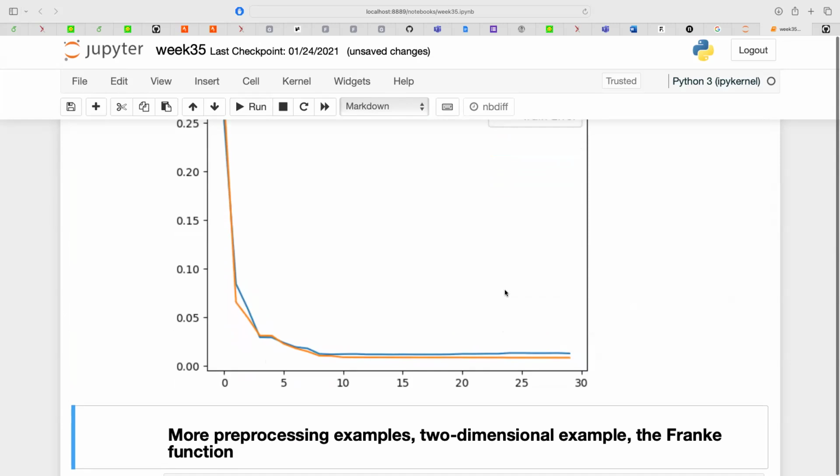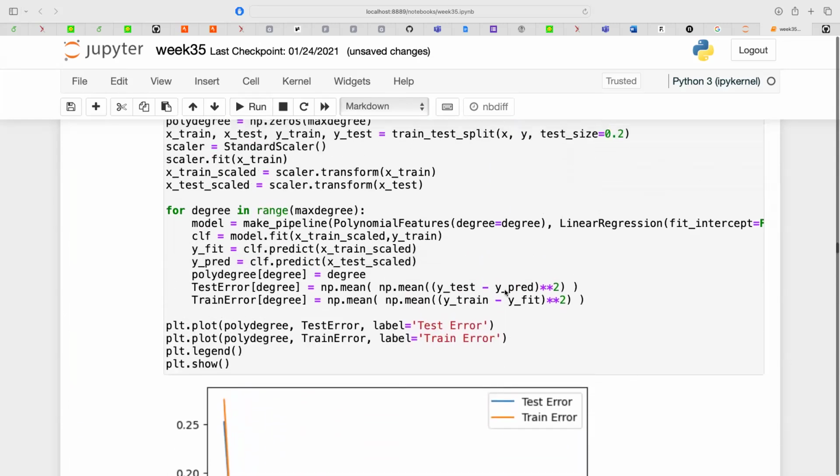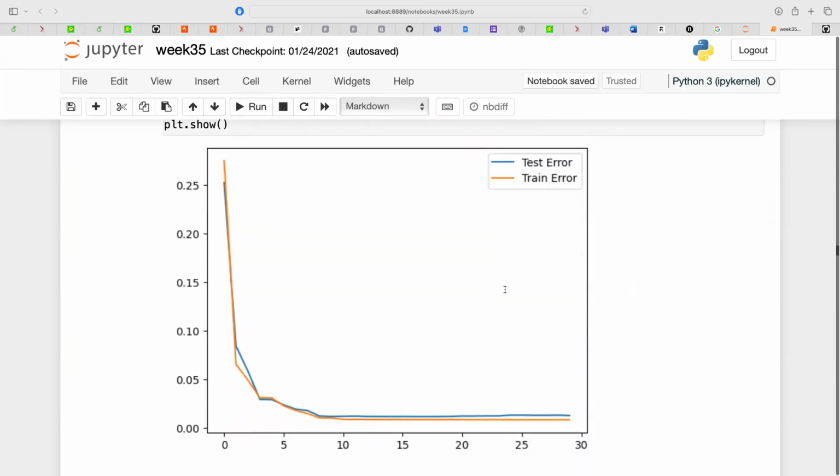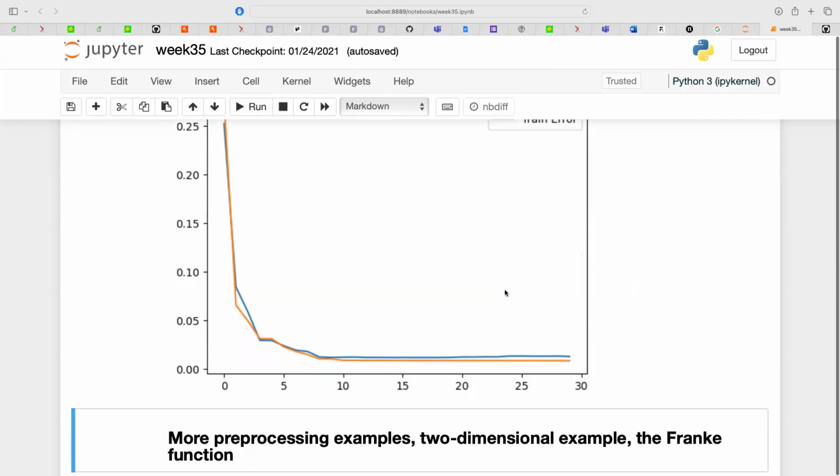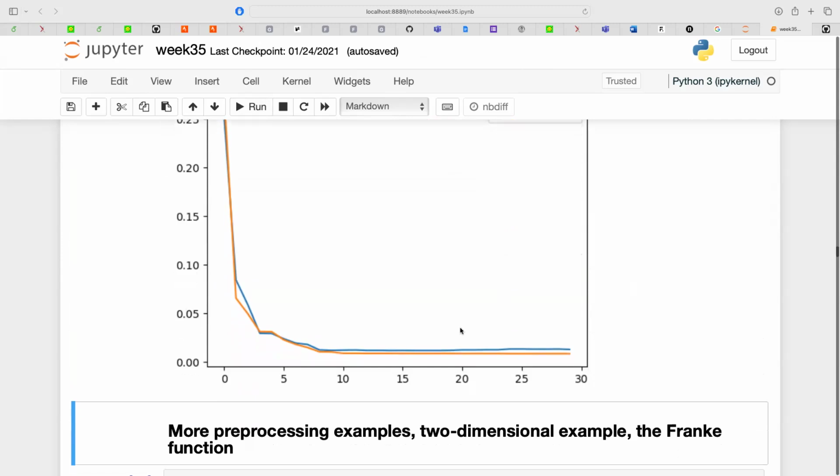So there's still room for improvements here. And this is a typical quality of the results which you will get. With a given data set, this is what you have to live with. And it's you who has to make the critical analysis on when you would stop here.